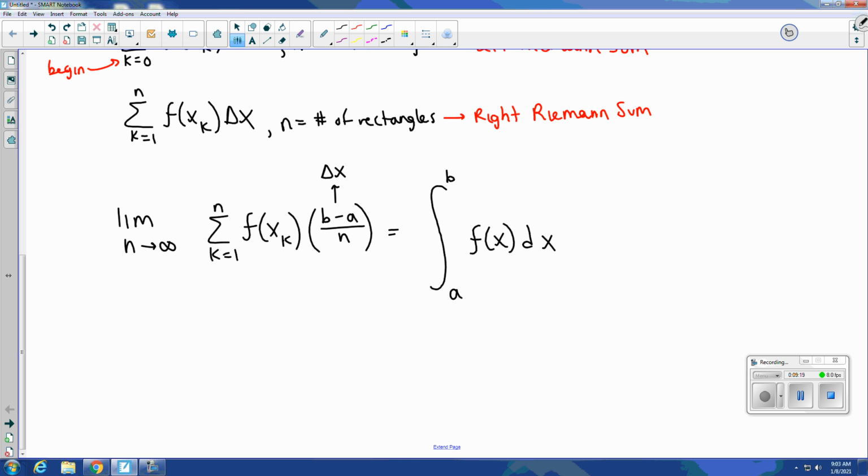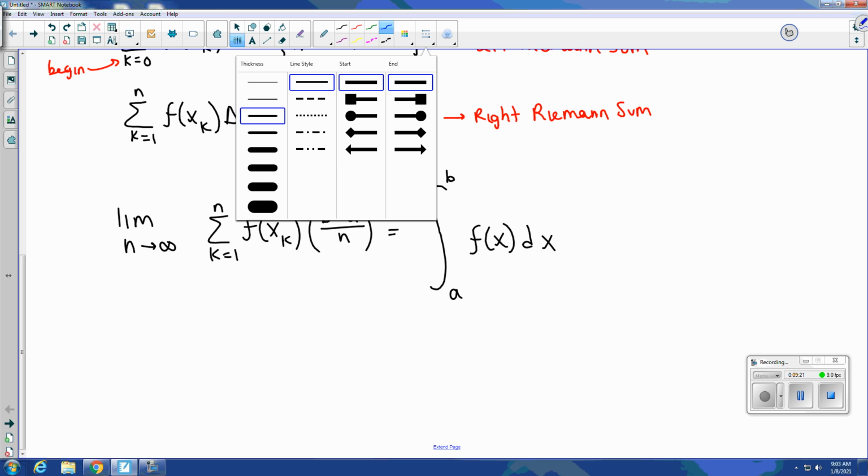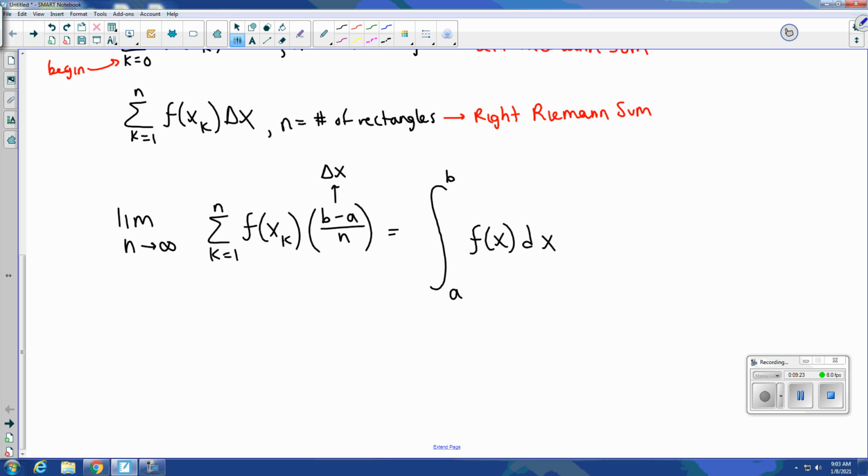So let's break this thing down into multiple pieces so we understand what this whole thing is saying. This first thing, the limit as n approaches infinity. What this is doing for you is the number of rectangles approaches infinity, the number of rectangles we're using. This notation is the Riemann sum.